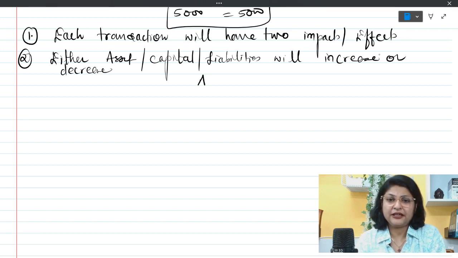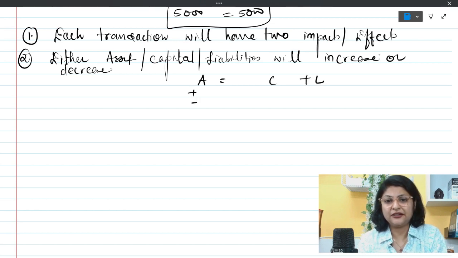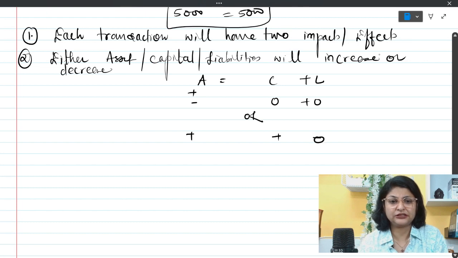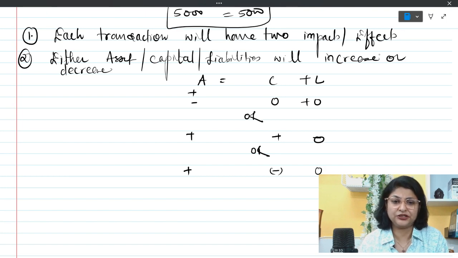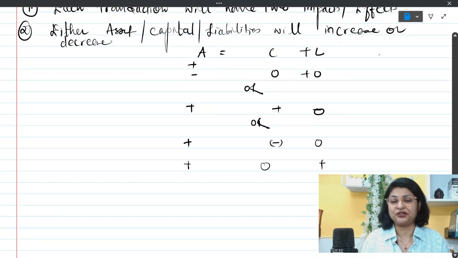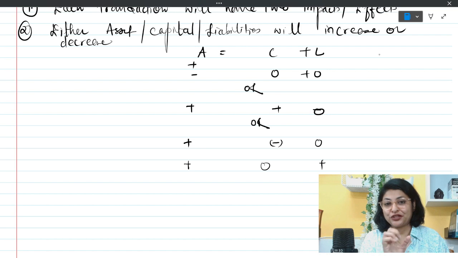If I write asset is equal to capital plus liability, any kind of combination is possible: there can be plus over here, 0 over here, or there can be 1 plus over here, 1 minus over here, 0 over here, or there can be 1 plus over here, 1 plus over here, and 0 over here. Anything like this can be there in the accounting equation. So each transaction is going to result in at least two effects. There are places where there is going to be an effect at three places also, which we will deal.